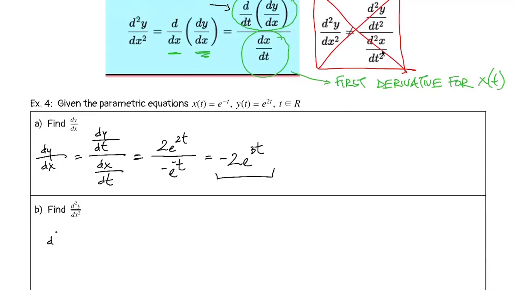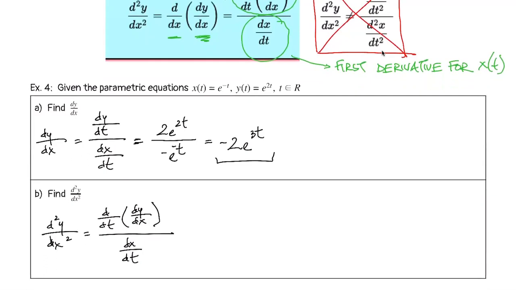To find the second derivative, we need to find the derivative of the first derivative, and then divide that by the first derivative of x. That's going to give us negative 6e^(3t), because that's my chain rule right there, divided by my original derivative for x, which is negative e^(-t).